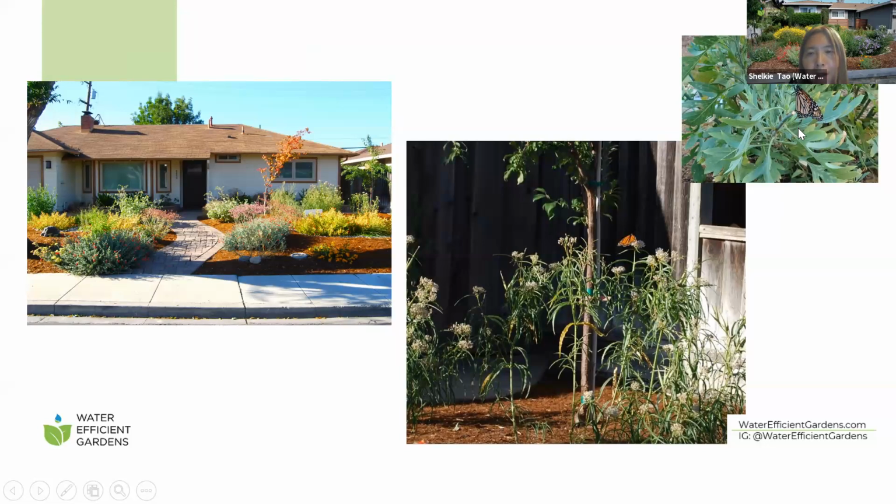This photo was taken by the homeowner. So it's a really good thing, right? Once you put in the native milkweeds, the monarchs will come. It's a very rewarding process.